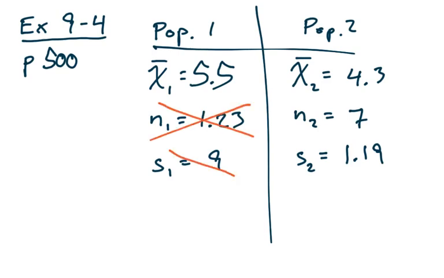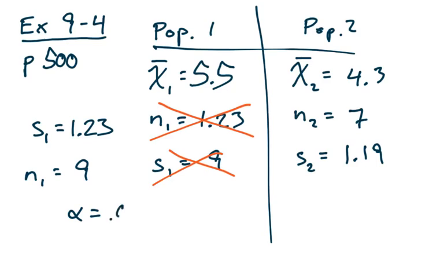Okay, well, I messed up these ones. I just mixed them up. So s subscript 1 should be 1.23 and n subscript 1 should be 9. Okay, that's more like it. And we're testing this claim at a significance level of alpha equals 0.05. And away we go. Let's go through the hypothesis test.